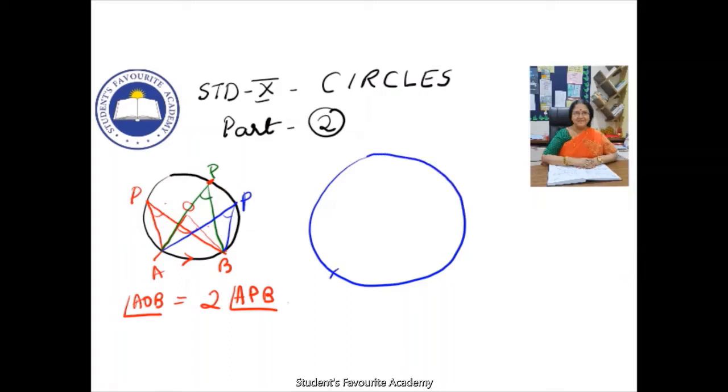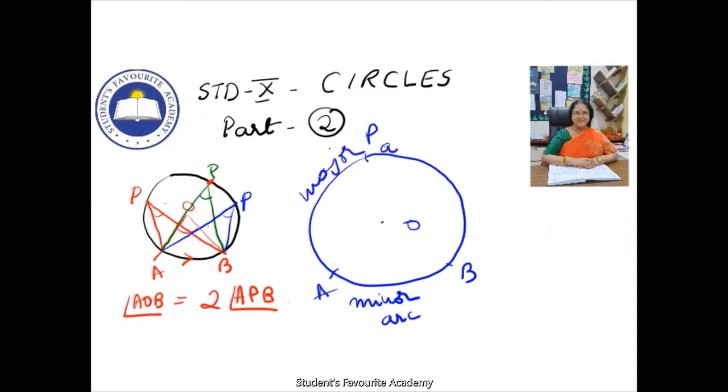If AB is the minor arc, then APB is the major arc, right?